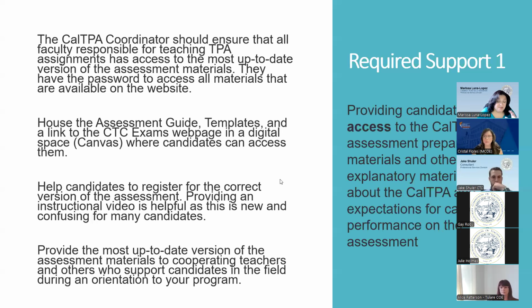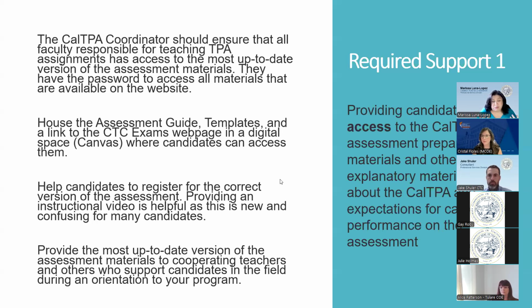Unfortunately, if someone completes the mild, moderate support needs for CalTPA 1, and then the CalTPA 2 in extensive support needs, that's a mix, and they cannot be recommended for a preliminary credential with two different teacher performance assessments in two different areas.